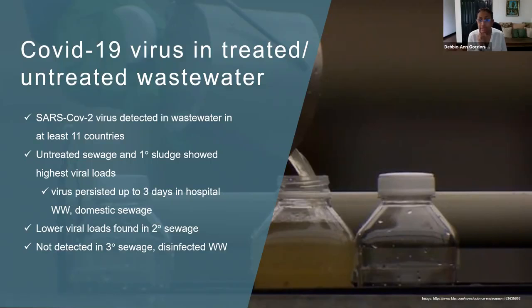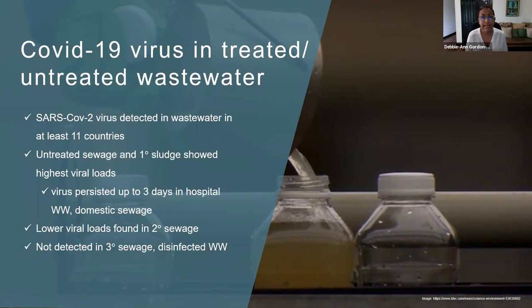In all of the studies, they observed reductions in the virus RNA load over various stages of wastewater treatment. So what happens is that untreated sewage and primary sludge showed the highest viral loads. And primary sludge actually showed even higher than sewage itself.